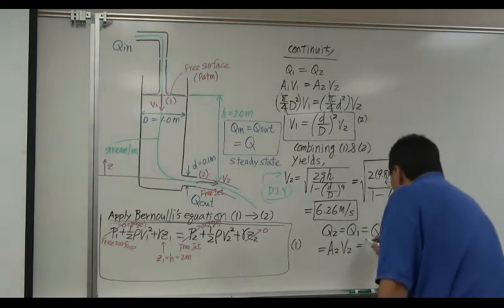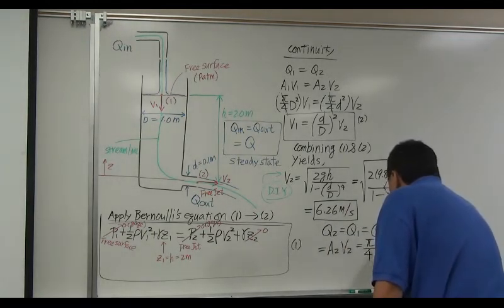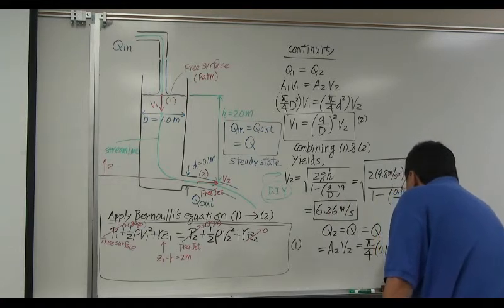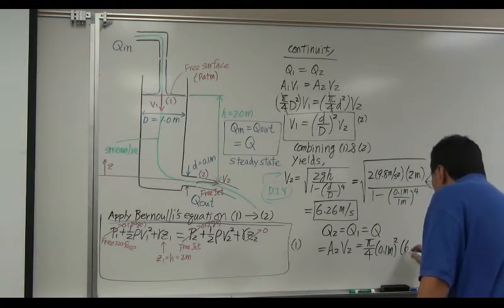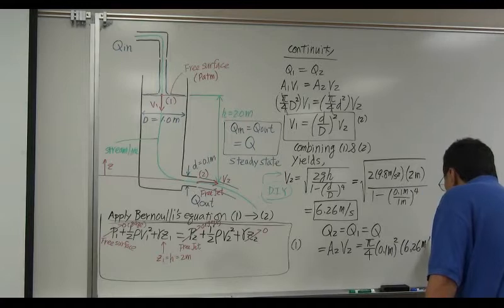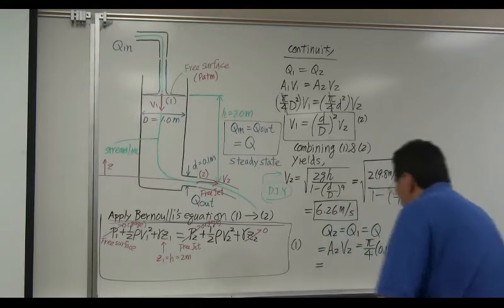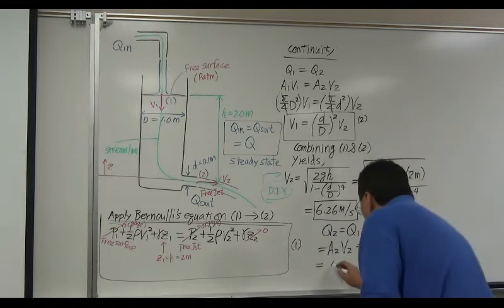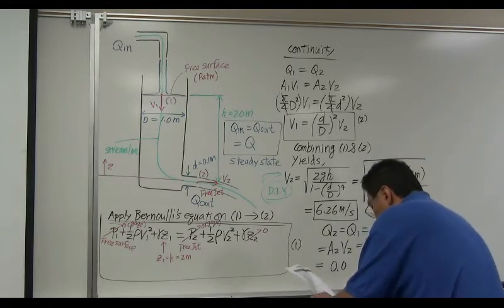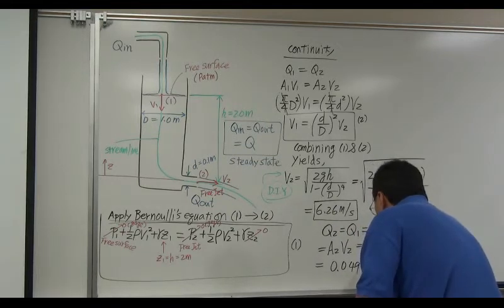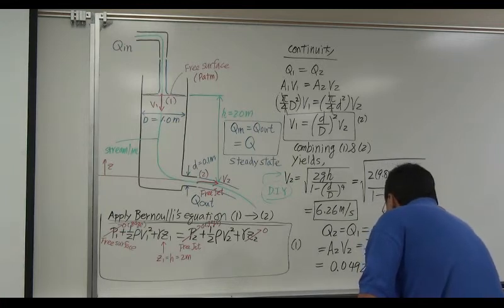So pi over 4 times 0.1 meter squared times 6.26 meters per second. Flow rate, you can determine: 0.0492 cubic meters per second.